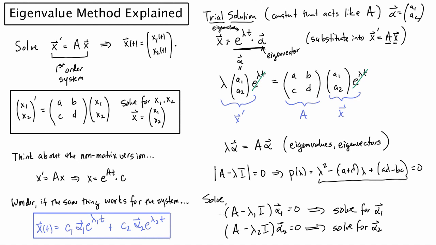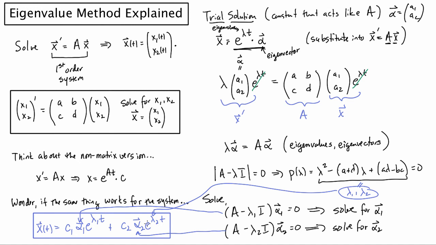Basically, we would take the alpha 1 that we get from here, plug it in. We would take the alpha 2 that we get from here and plug it in. And then that corresponds to the lambda 1, so this would generate a lambda 1 and a lambda 2. And so we use those then to plug in to here. And so you can see that the eigenvalue method is essentially just assuming that the solution is an exponential, and then in order for it to be a solution involving exponentials, it turns out that the matrix can't change the direction of the vector, which makes it an eigenvector.